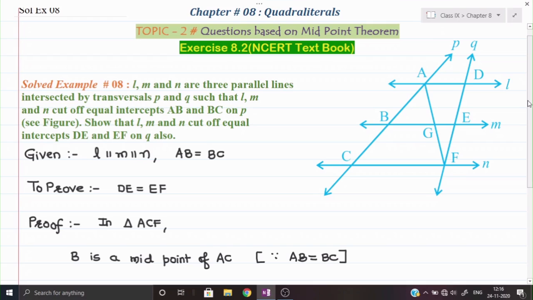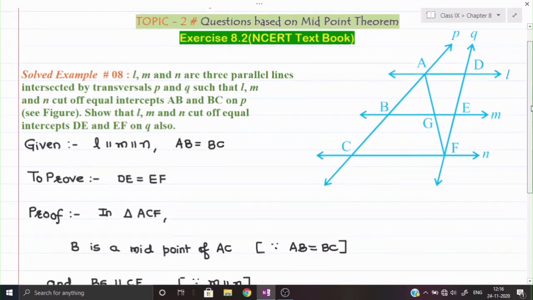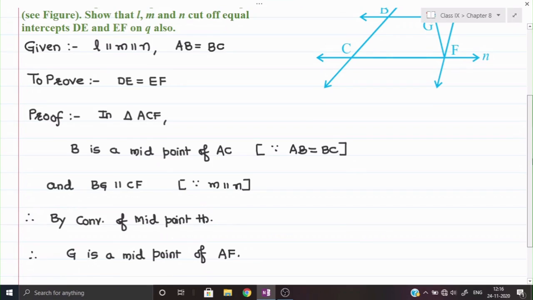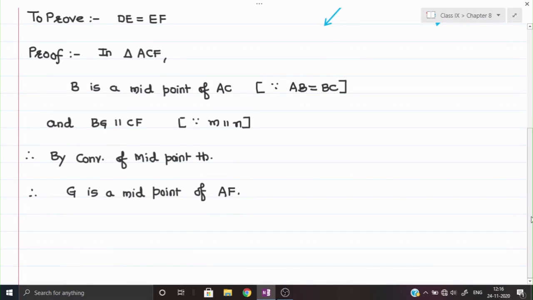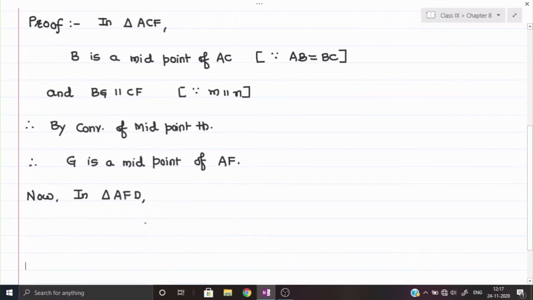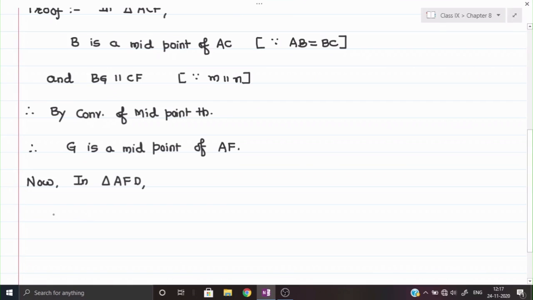So let us see how we can write down these things. First we shall write down in triangle AFD. Okay. Now in this triangle, first of all we shall mention who is the midpoint we have of one side.